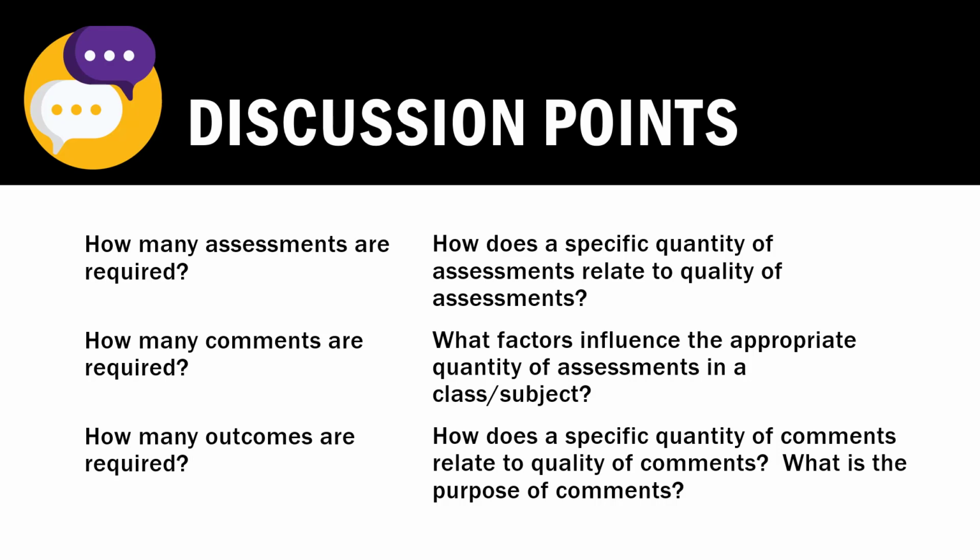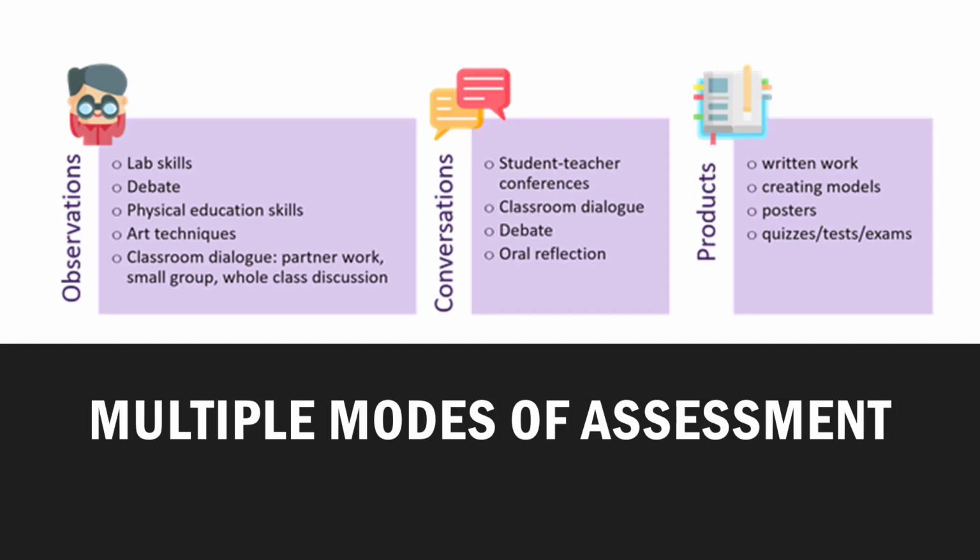We also want to think about how we are including multiple modes of assessment. That's part of TQS3. I know that those of us who are teaching older students, we have a tendency to lean heavy on this product side.